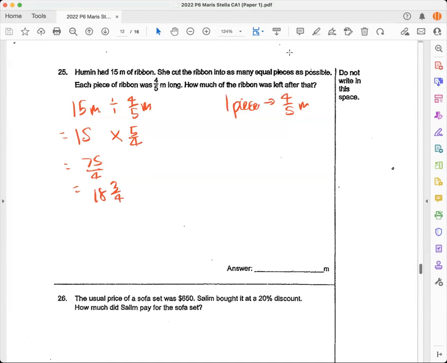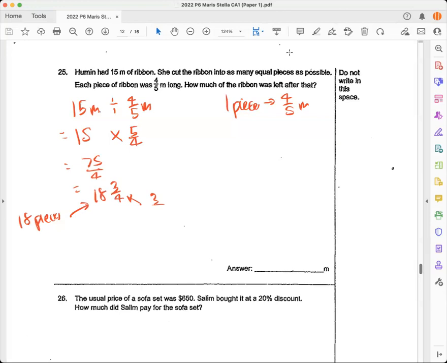How do you interpret this 18 3/4? 50 meter divided by 4/5 meter. You will get 18 pieces of 4/5 meter and 3/4 pieces of 4/5 meter.